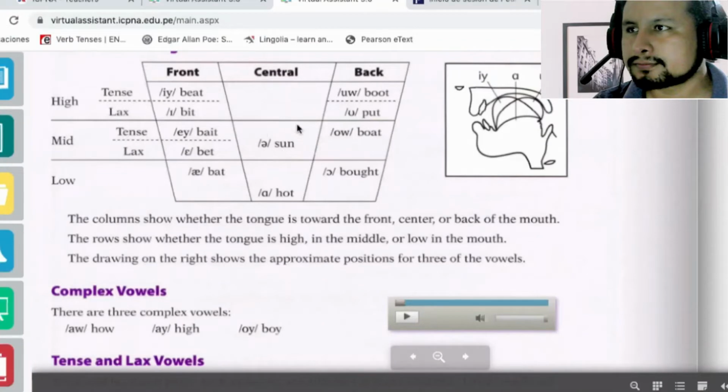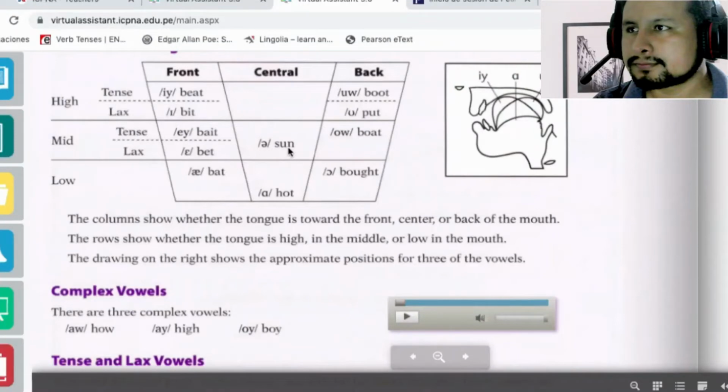And finally, in this chart, we have this very important sound. Probably this is the most important vowel sound in English. All right? This is the sound. It's not a, e, no, it's uh.